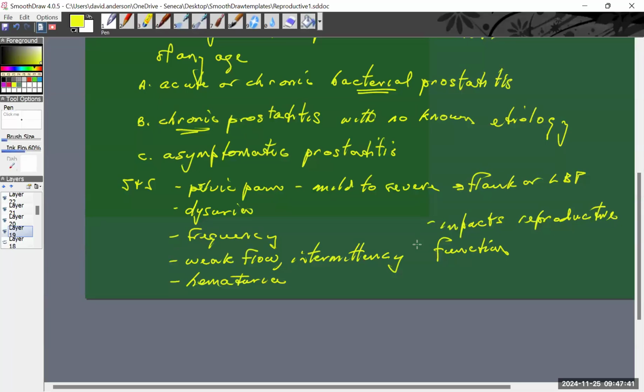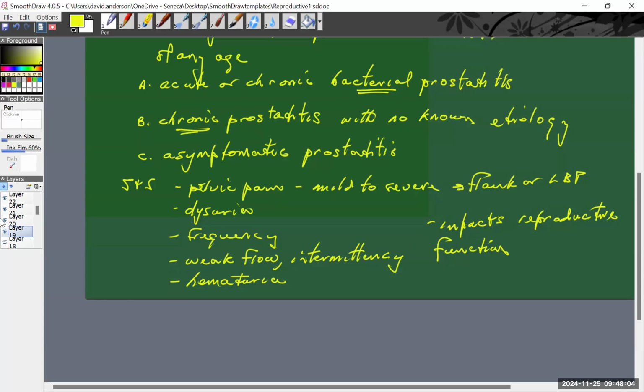It may, for example, ejaculation may be very painful. And again, because of the infection, you can expect in cases other than our option C there, the asymptomatic prostatitis, that there would be some fever and chills and body aches associated with the infectious process as far as that goes.